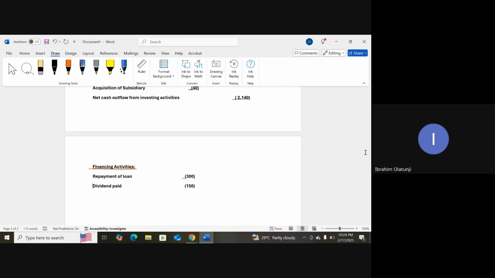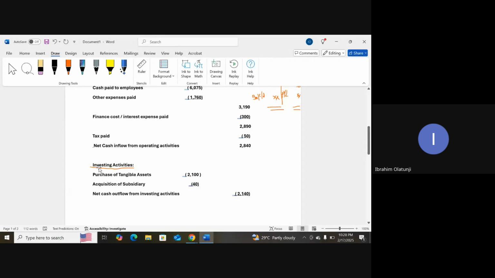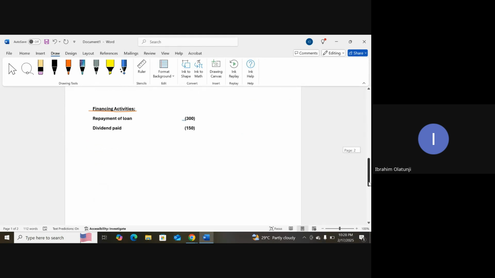When they say something received, it's coming in. And I said you will put dividend paid under your financing activity. Then when you pay something, the money is going out, you put bracket. If it is dividend received, it will be under investing activities. Then you don't need to put bracket. Is that clear now? Yes, sir.